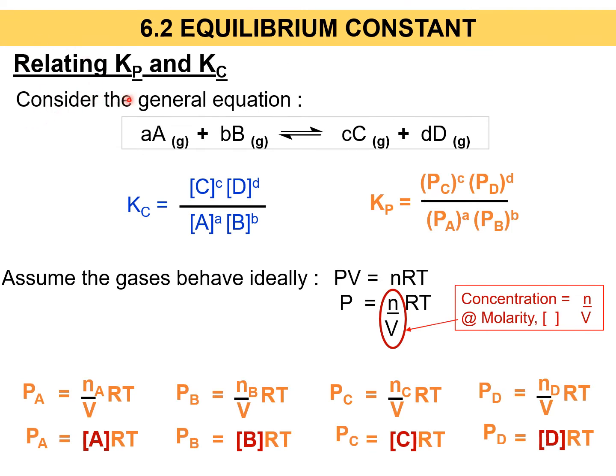Okay, how can you relate Kp and Kc together? Okay, consider you have this general homogeneous equilibria reversible chemical reaction, because dekat bahagian produk dengan bahagian reactant mereka semua in gas phase.